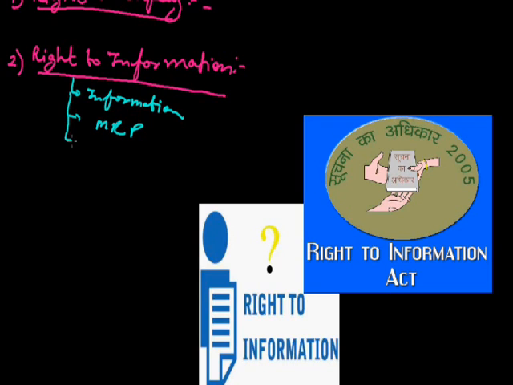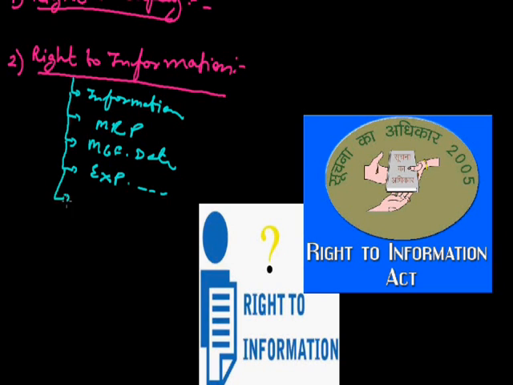MRP must be written there. The ingredients must be written there. Manufacturing date, expiry date of the product, in medicine, must be written there so that the person gets information.